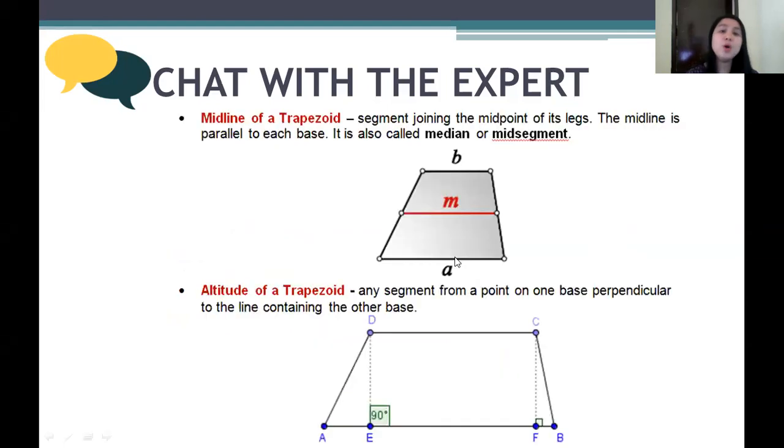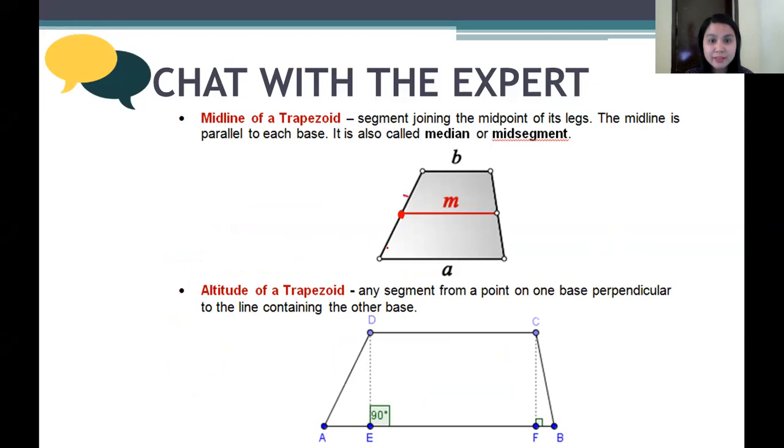So now, we also have the midline, or we call it the mid-segment or the median. Now, what is a midline? A midline is a segment joining the midpoints of its legs. So for example, this is the midpoint of the first leg.